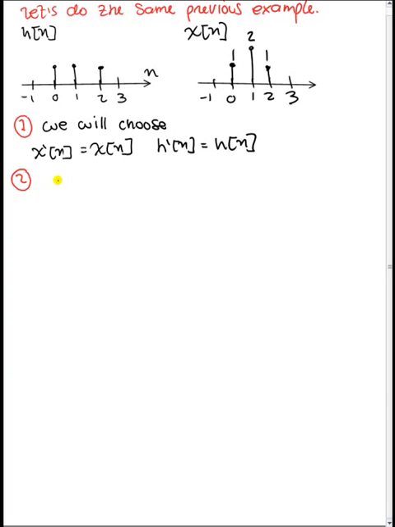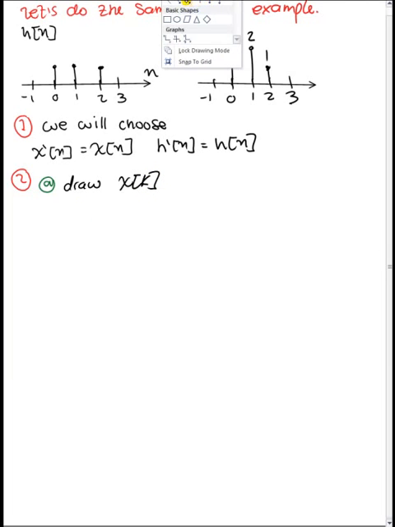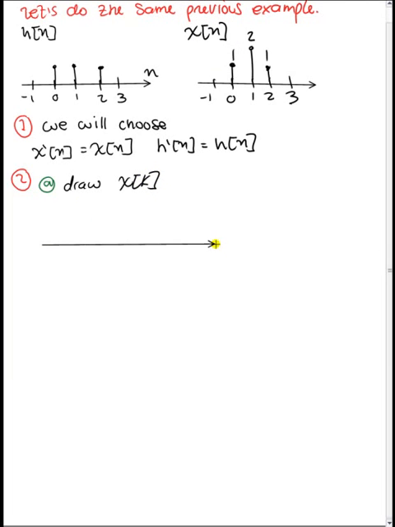So now, for step 2, we're going to draw x of k. So step 2a, we're gonna draw x of k. It's the same thing, just with the indices changed.